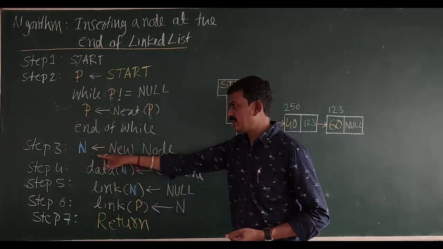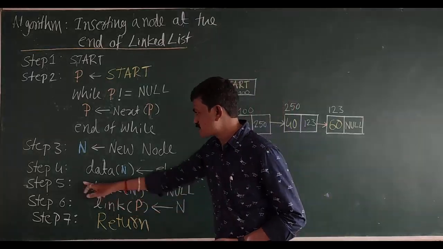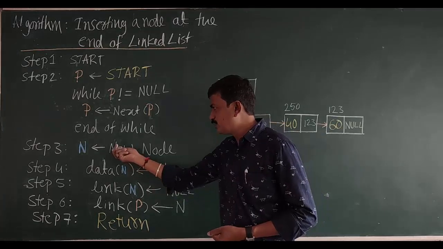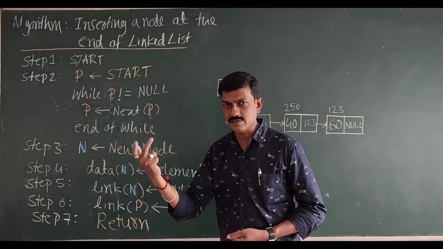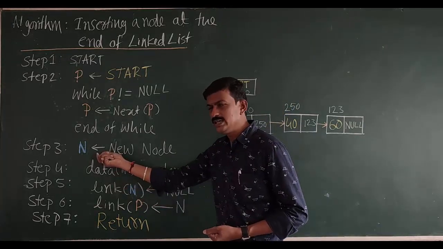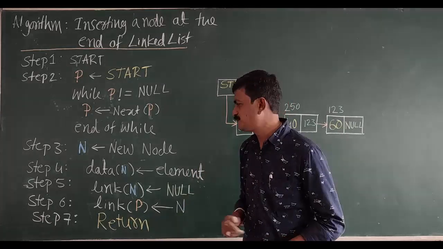Step 3 is n equal to new node, which means I created a new node. Step 4, data of n equal to element. The new node which I created consists of two parts, a data part and a link part. To the data part of that newly created node I am assigning an element, meaning a value.